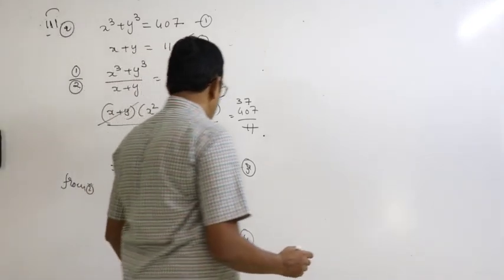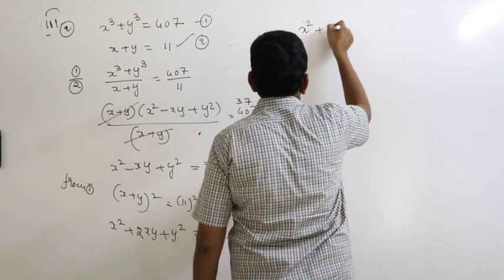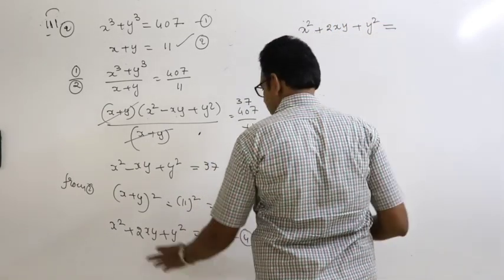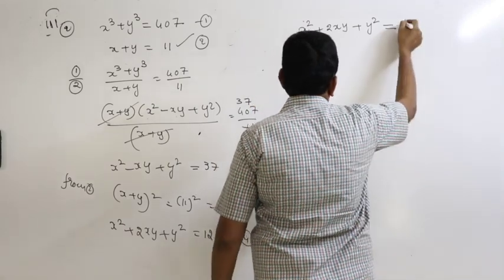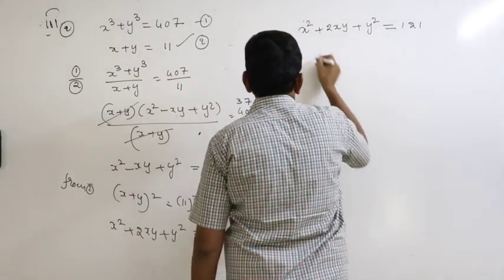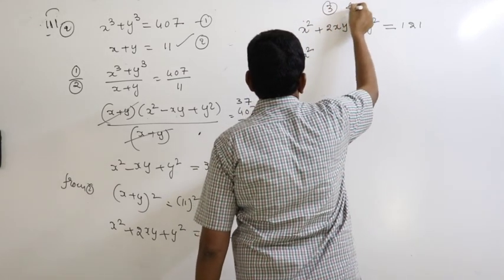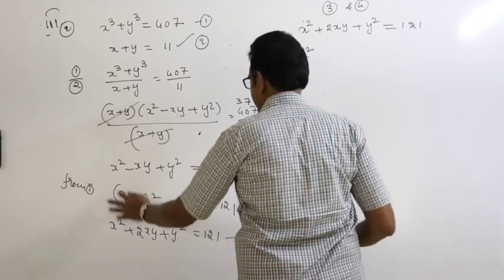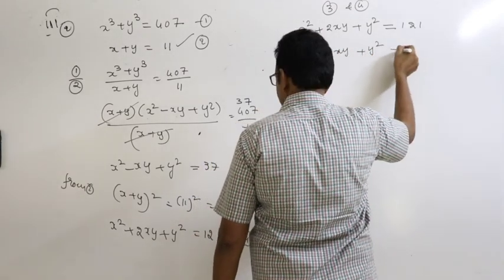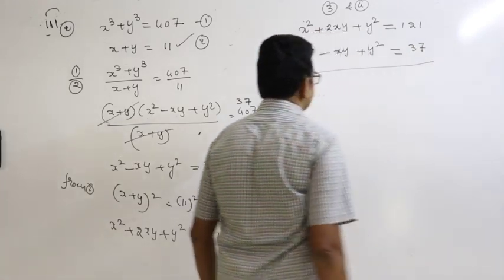So for 4, x square plus 2xy plus y square is equal to 121. And third one, x square minus xy plus y square is equal to 37.